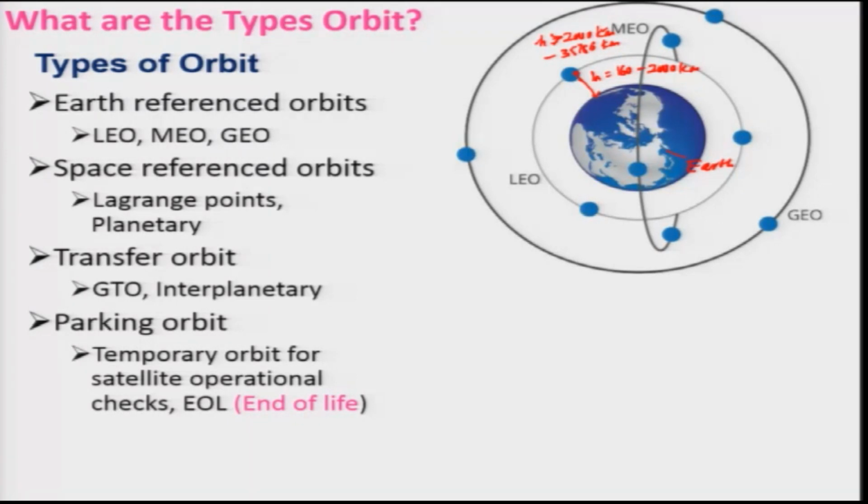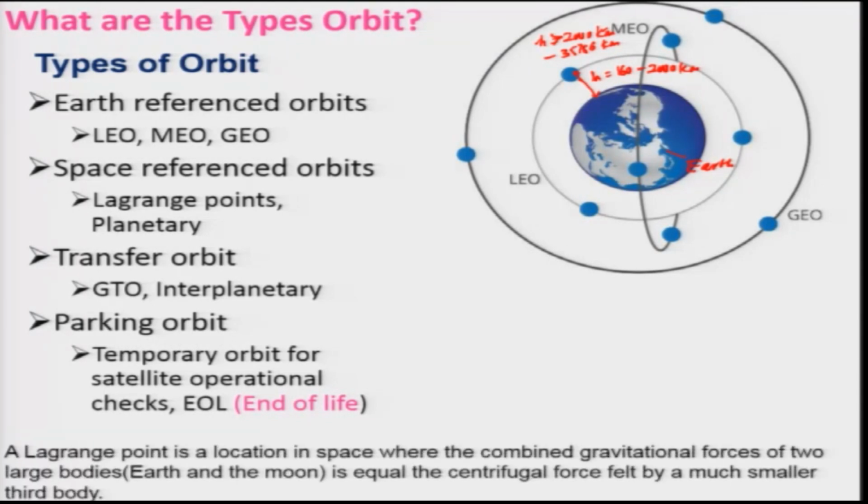Besides this, we will be looking at some other orbits based on space, the space reference orbits. In that category, a Lagrange point is a location in space where the combined gravitational forces of two bodies, for example the Earth and the Moon, equal the centrifugal force felt by the satellite due to its motion.